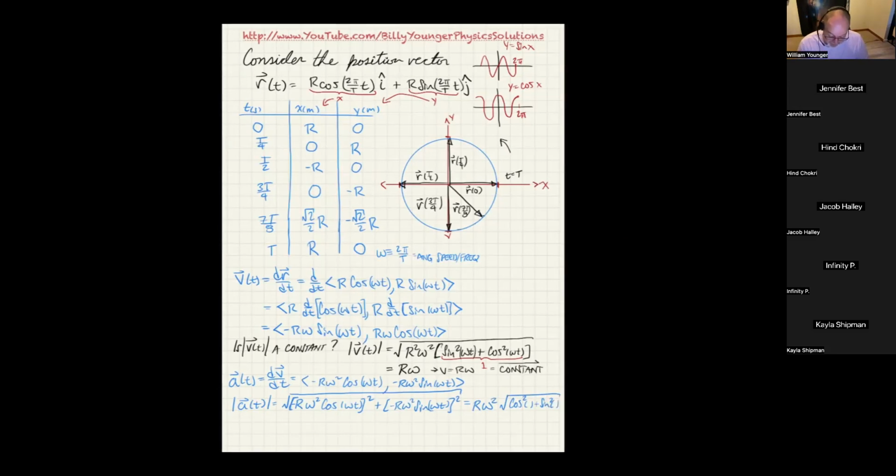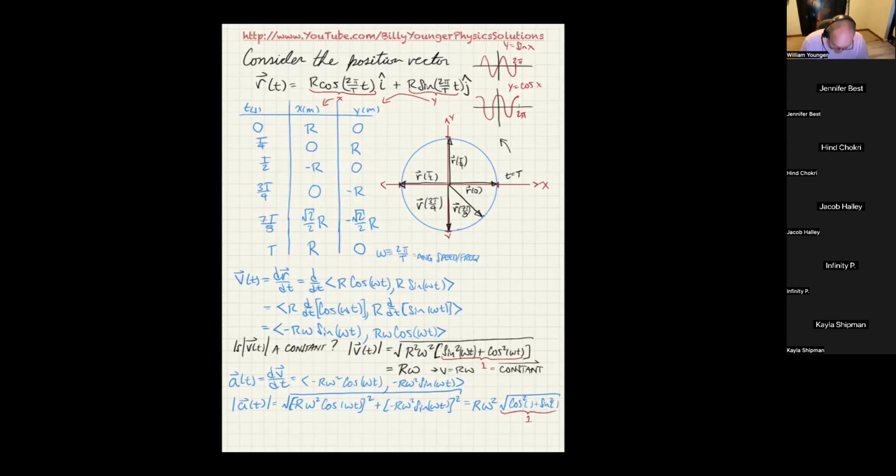Okay, so what we see is, in fact, the acceleration is a constant as well, because this quantity under the square root is just 1 again, and we get a is equal to r omega squared.